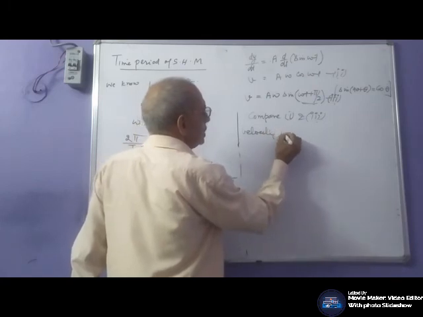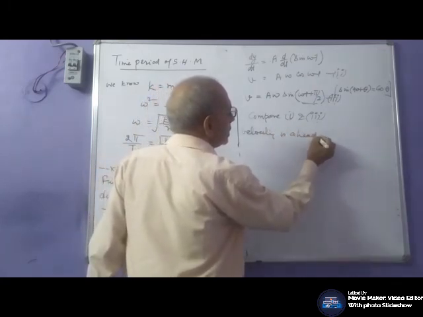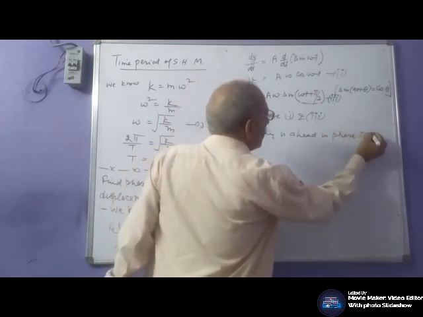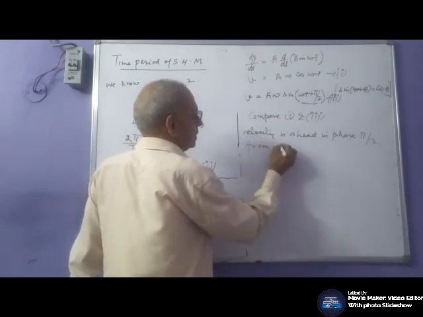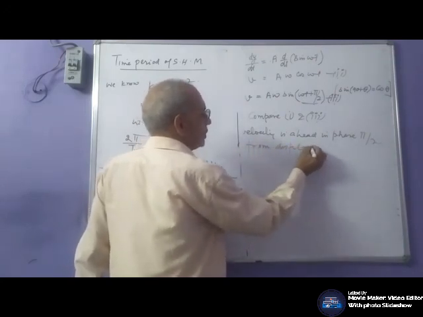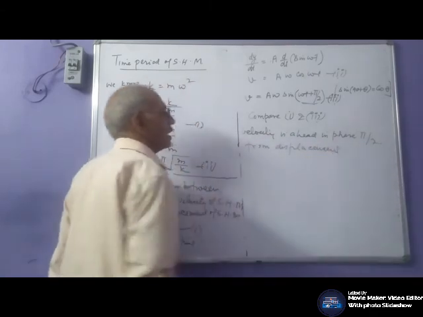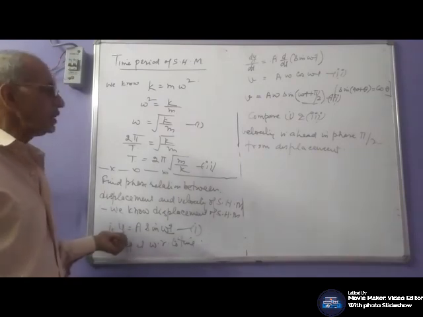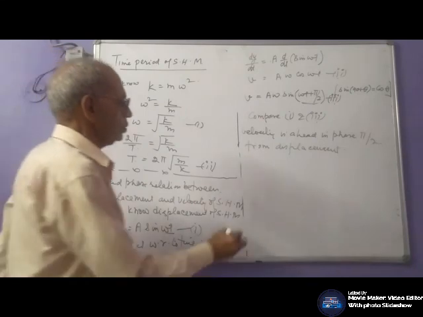Velocity is ahead in phase by pi by 2 from displacement. So this is the phase relation. Or displacement lags behind velocity in phase by pi by 2.